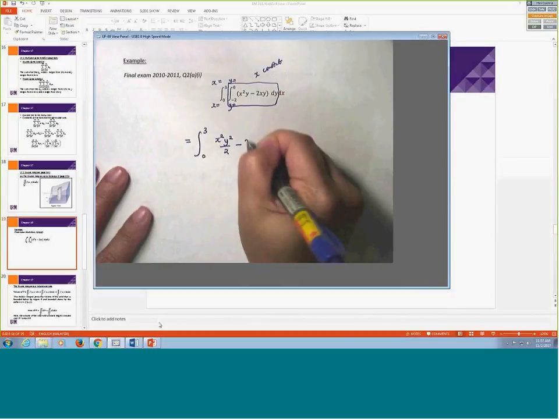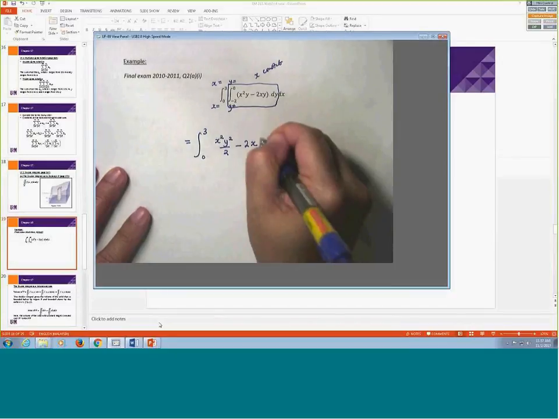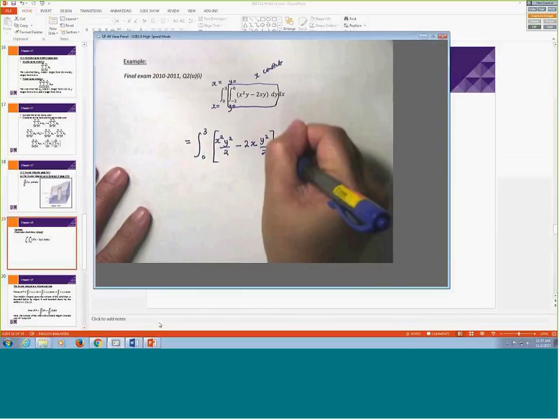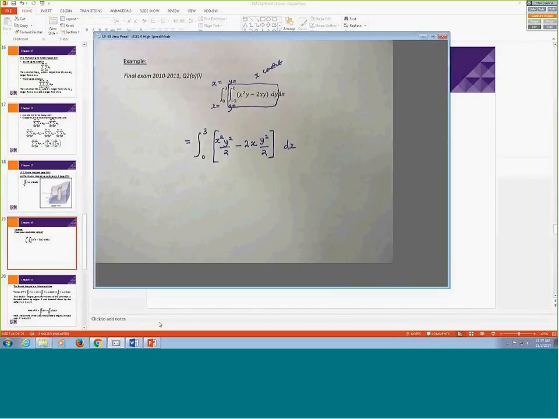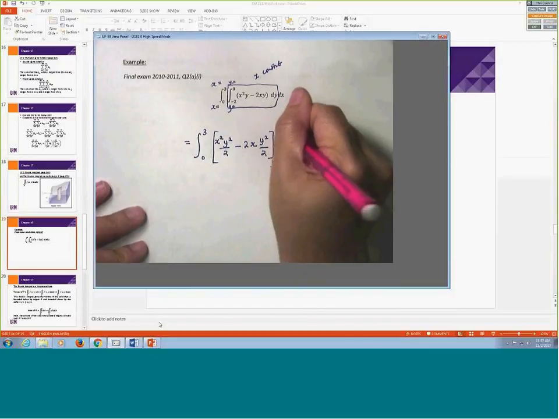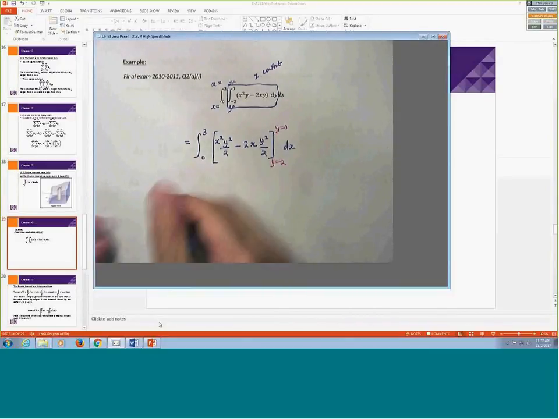Integrate y, we also get y squared over 2. And substitute the values for y, from negative 2 to 0. All these limits are maintained. We didn't touch the dx first, but you need to write it.